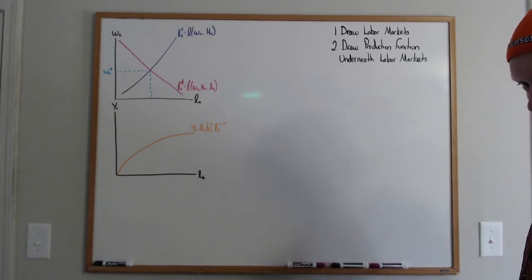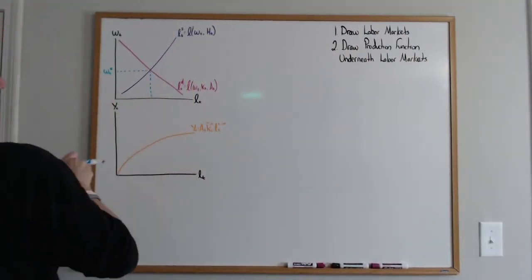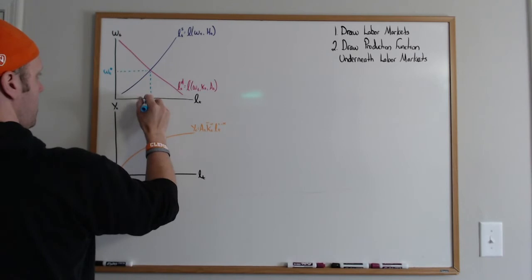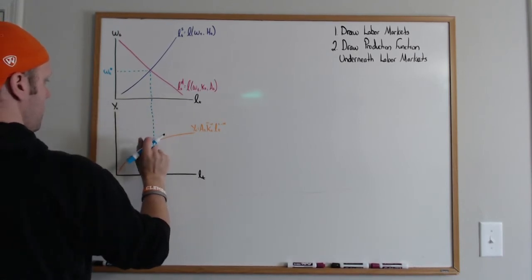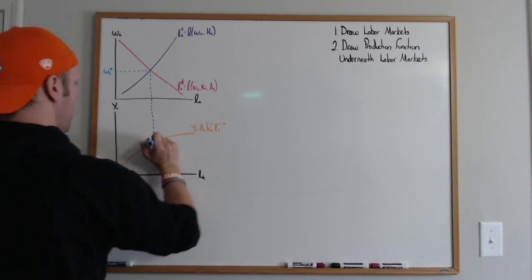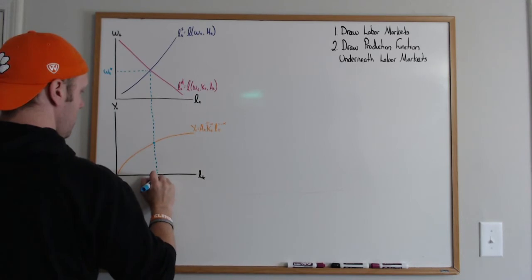So what I can do is I can just draw a dotted line all the way down from here, from our point where labor markets are in equilibrium.